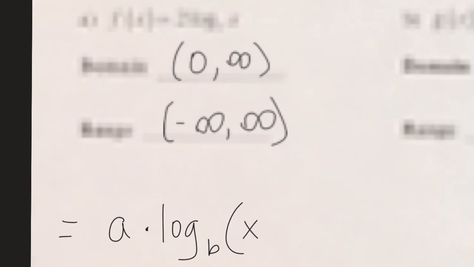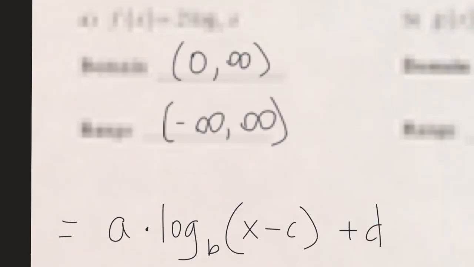Okay, so let's talk about what that looks like. We have A times the log base b of x minus c plus d. Okay, so these are the 4 places that we always see transformations.